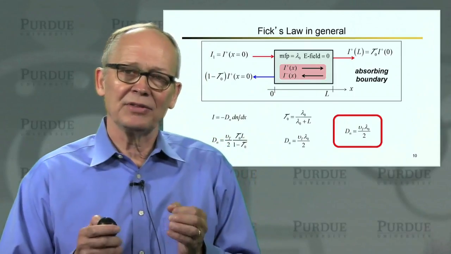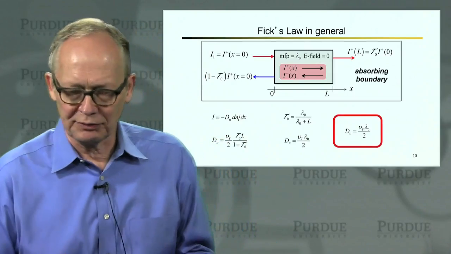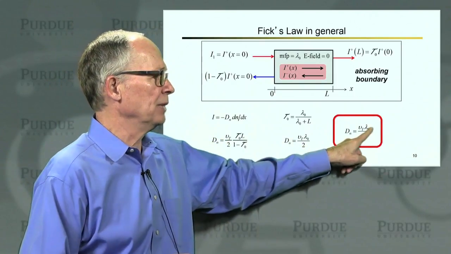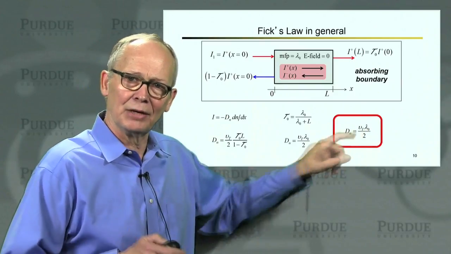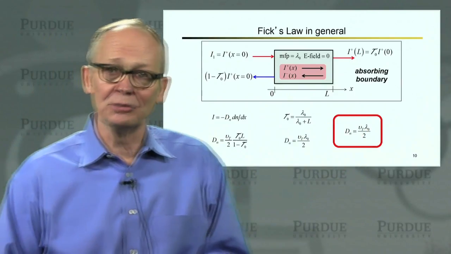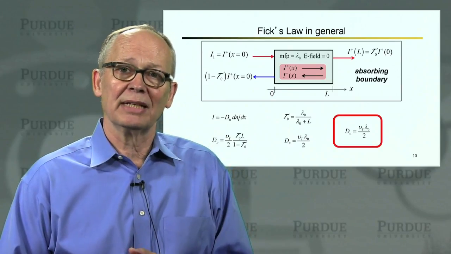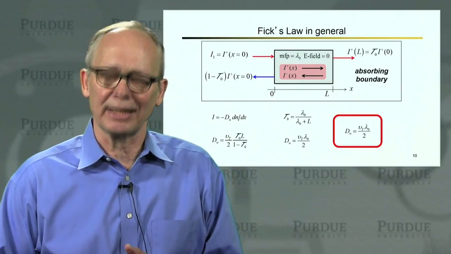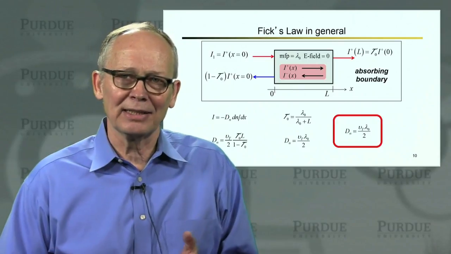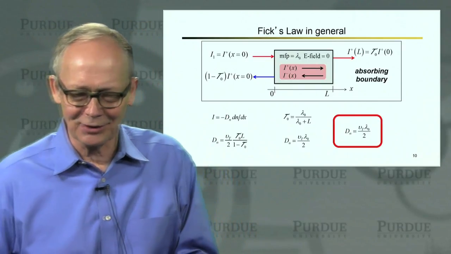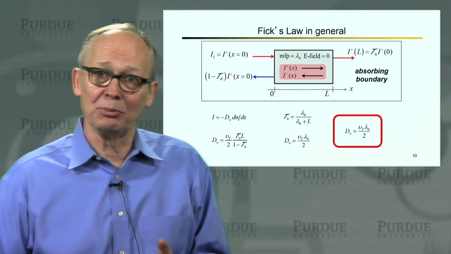So we have done two things. We have derived our relation between the diffusion coefficient and the mean free path. That's what we set out to do. We've also shown, rather surprisingly, that Fick's law of diffusion can be used at the nanoscale as well. Now, that's not something that we're going to do much with here. It's something interesting I wanted to point out.